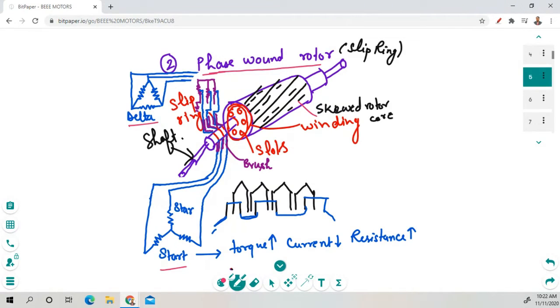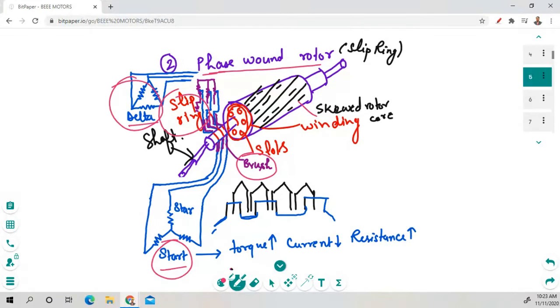Inside those grooves we have to place some winding, and in the shaft there are two positions for slip ring and brushes, and these slip rings and brushes are connected toward the delta connection and the star connection.